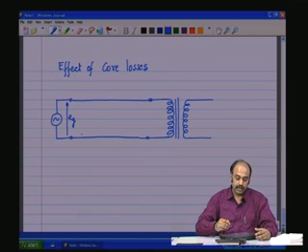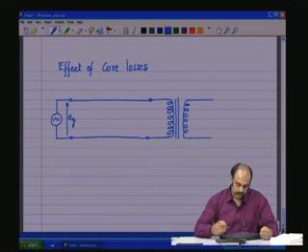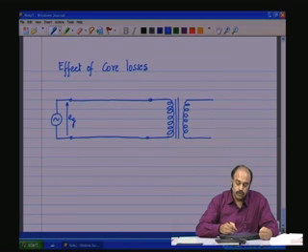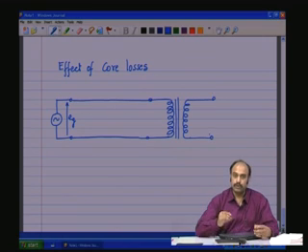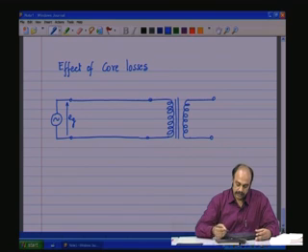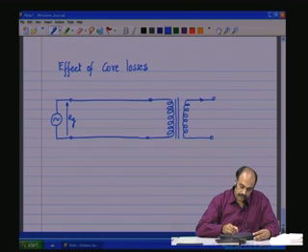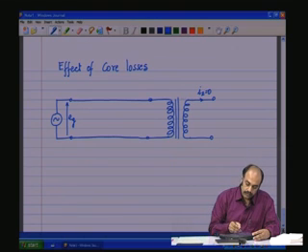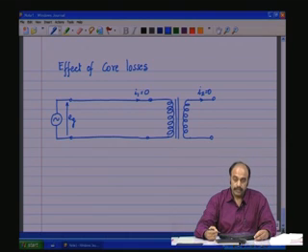Under normal ideal conditions, when the output on the secondary side is open, there is no load connected, the current I2 is equal to 0, and therefore, I1 will be equal to 0.